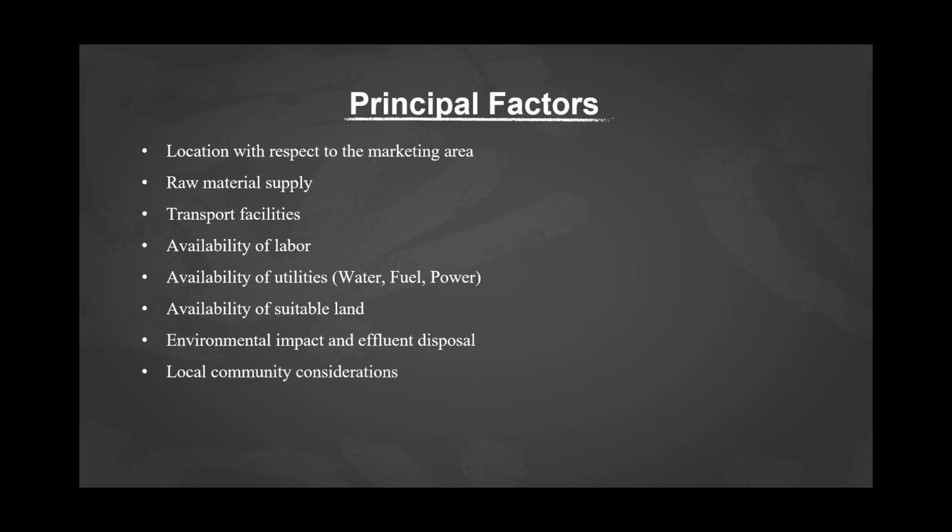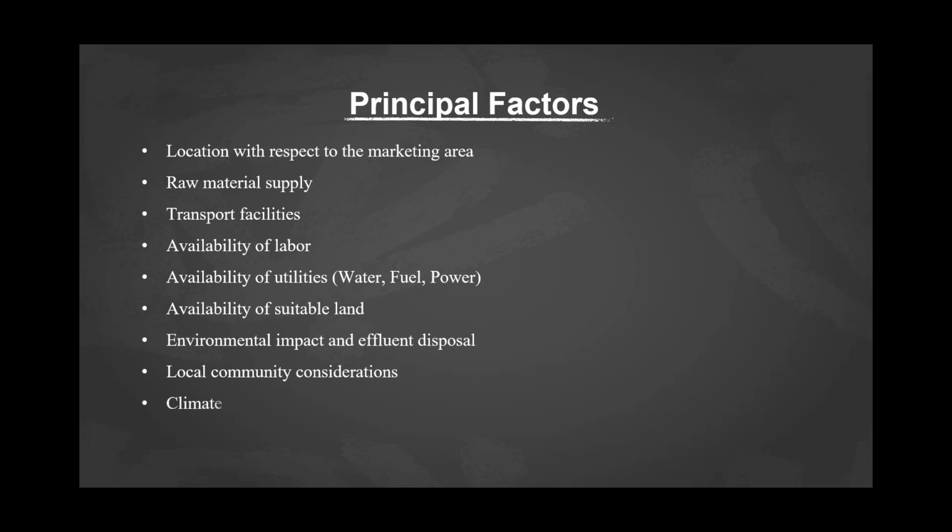Then we have local community consideration. The plant must be acceptable to local community such that it should not impose any kind of additional risk to community that should be available for proposed plan and future expansion.